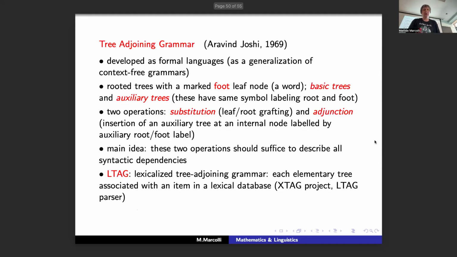Okay, so one last thing that I want to say about formal languages before moving on, as I'm trying to fast forward through 70 years of general linguistics. I want to mention another kind of formal languages that have been used for quite a while to do computations in linguistics, which are called tree adjoining grammars.